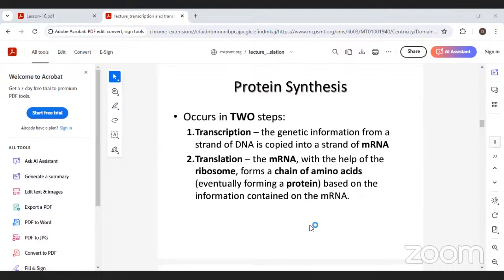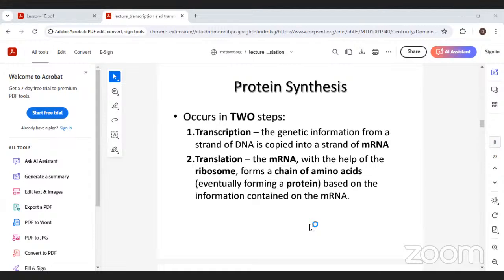Okay, what is protein synthesis? Protein synthesis has two steps. One is transcription, the second is translation.